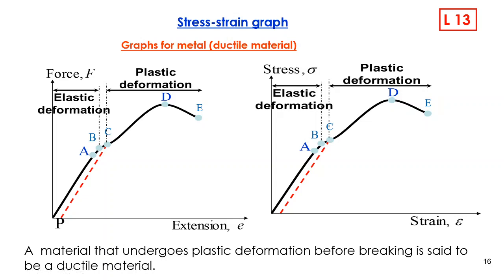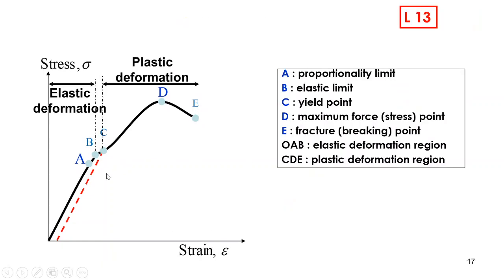Let's talk about this now. Point A is labeled right here as proportionality limit. B is elastic limit. Yield point is labeled as point C. And then at the peak right here, we have point D, which is maximum force point. And the last one is fracture point.